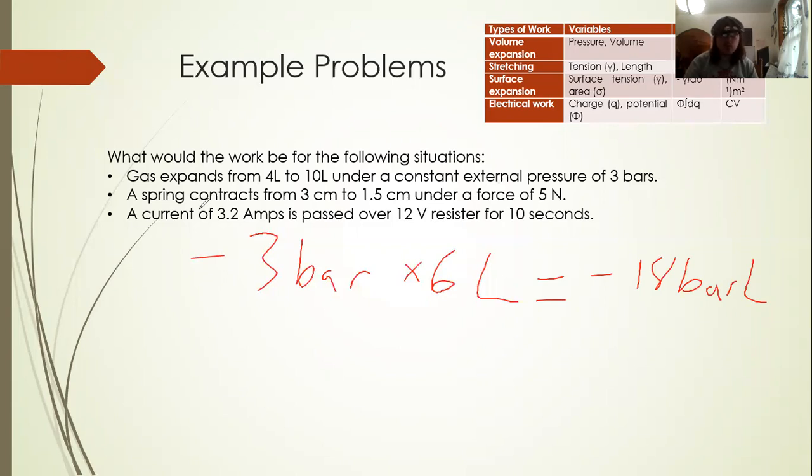Basically, long story short, a bar liter has to be multiplied by a factor of 100 to get it into a joule. So this would give us 18 times 100, so negative 1,800 joules.